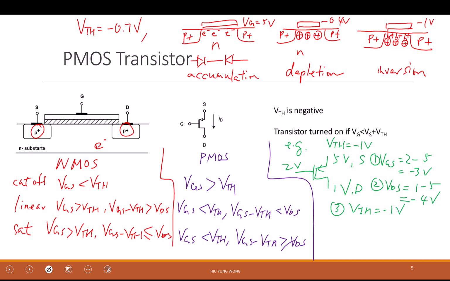So from here, I see VGS compared to VTH, which one is larger? VTH is larger, right? Because VGS is -3, and VTH is -1. And based on my equation, this is on. Okay?